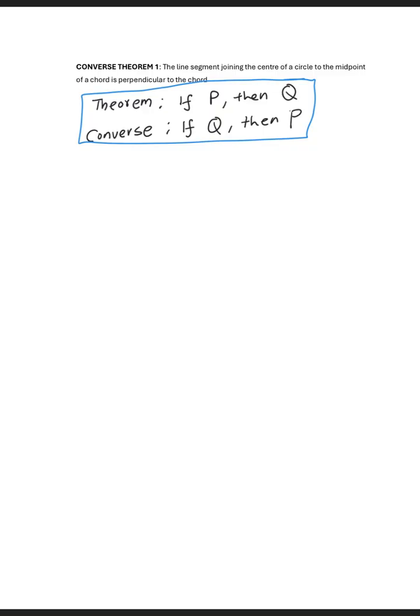So if we look at the converse of the statement of theorem 1, it says: the line segment joining the center of a circle to the midpoint of a chord is perpendicular to the chord, right?